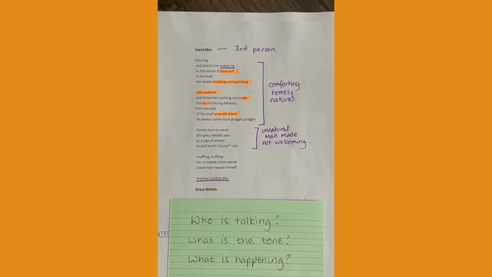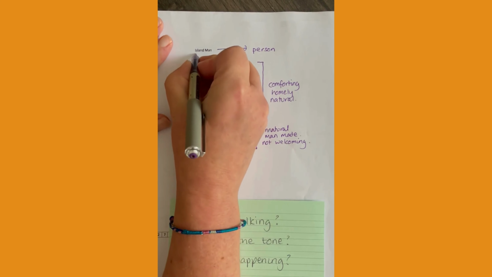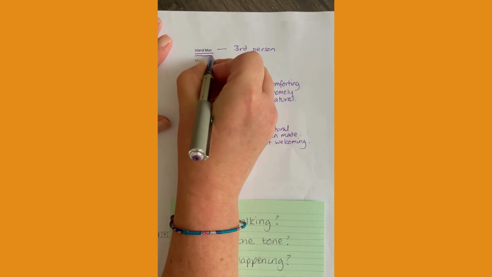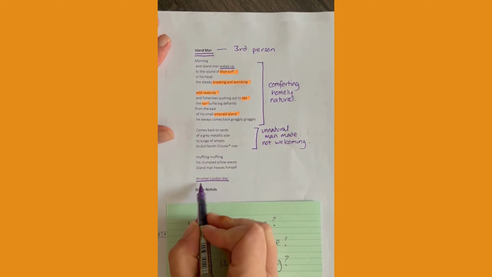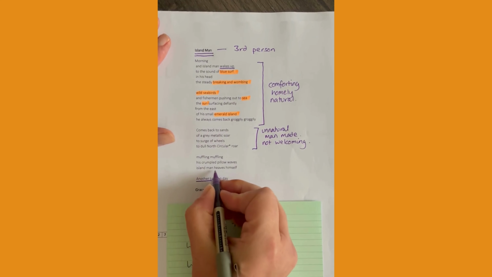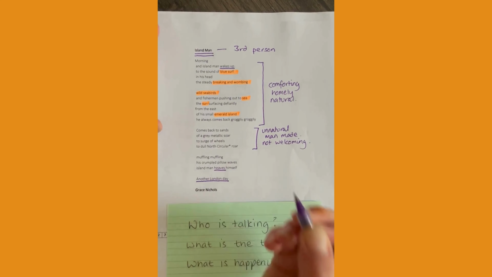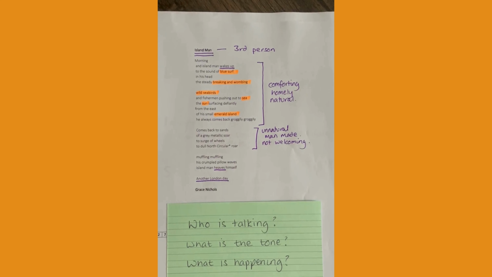And then the theme essentially comes down to the fact that he seems to miss the island. He is referred to as Island Man. That is where he would like to be, and it is only when he wakes up that he realises he is in another London day. The fact that he has to heave himself, that suggests effort. Suggests that he doesn't want to be there.